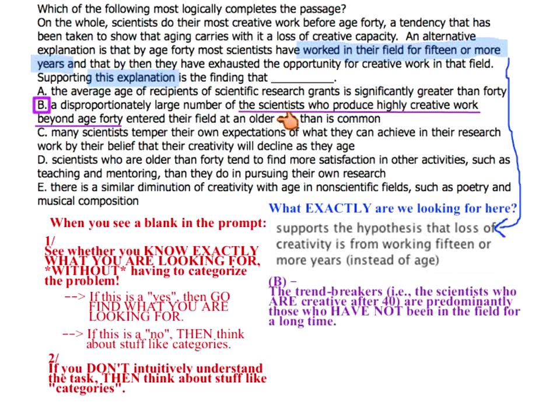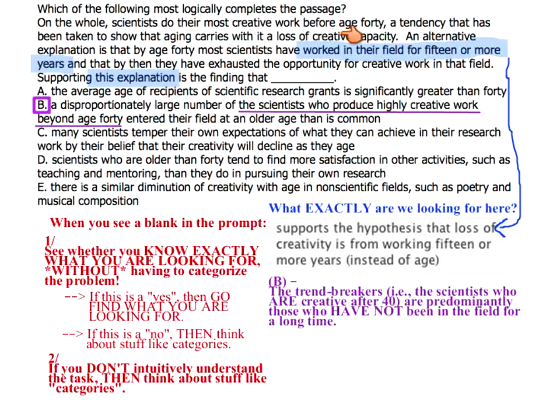I'm assuming that the people are not older. I mean, they are controlling for that. We're looking at the people who do creative work after 40 versus most scientists who don't. So the age factor is taken into account here. That is implicit in the way this is written. In fact, it's explicit. So it's not an issue of exactly how old they are.